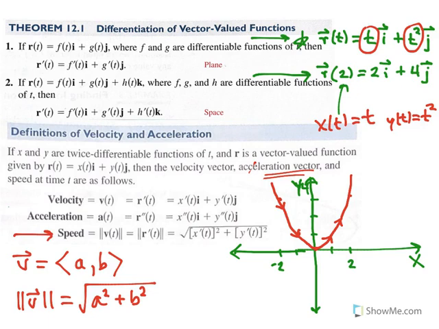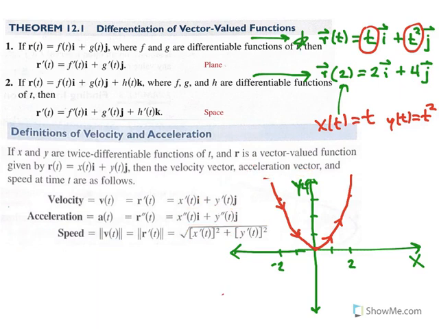And it is the magnitude of the velocity function. It is the magnitude of the velocity vector. So you have the square root of, just like we had from the formula from the beginning of chapter 12, the square root of the sum of the squares of the x and the y components of the velocity vector.